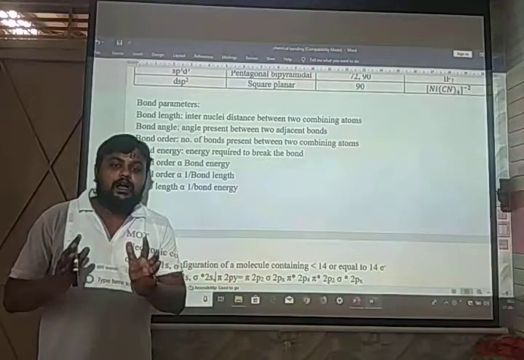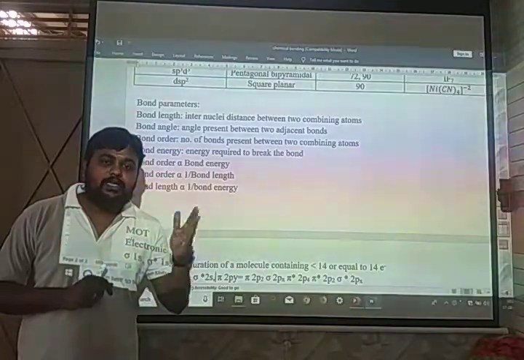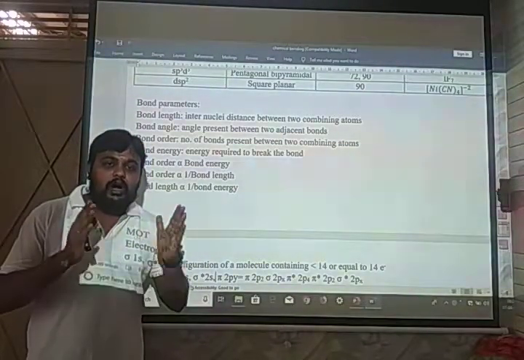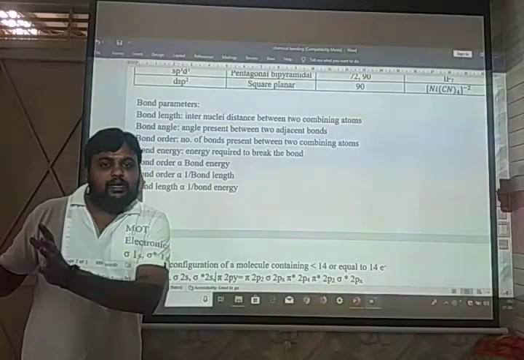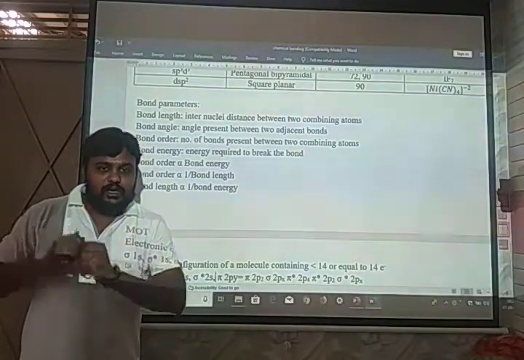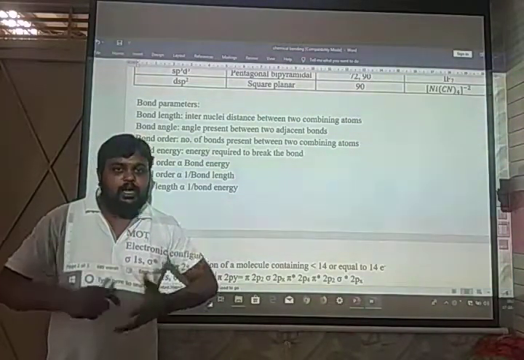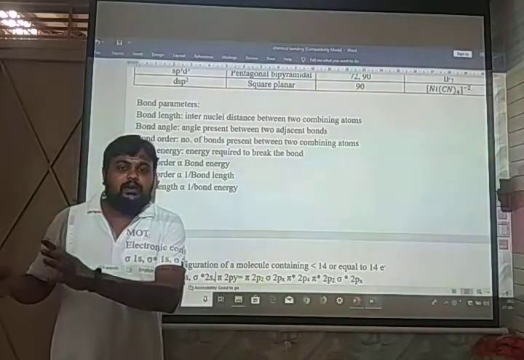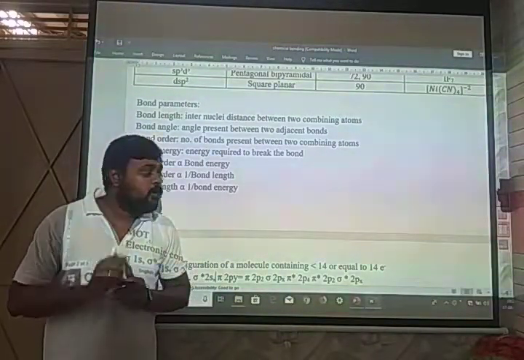Suppose odd number of hybrid orbitals are there, odd means 1, 3, 5. If odd number of hybrid orbitals are present, then lone pair electrons are written on the axial. If even number of hybrid orbitals are present, then lone pair electrons are written on the equatorial, that is inside the plane. Remember this point, very important.